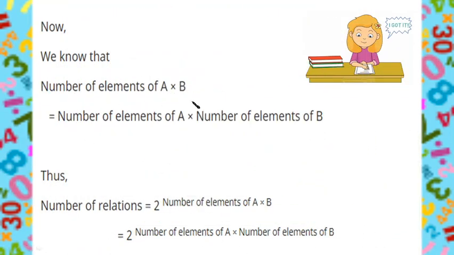And the number of elements of A cross B is definitely equal to the number of elements of A into the number of elements of B. So hence we get this formula: the number of relations is equal to 2 raised to the power of the number of elements of A times the number of elements of B.